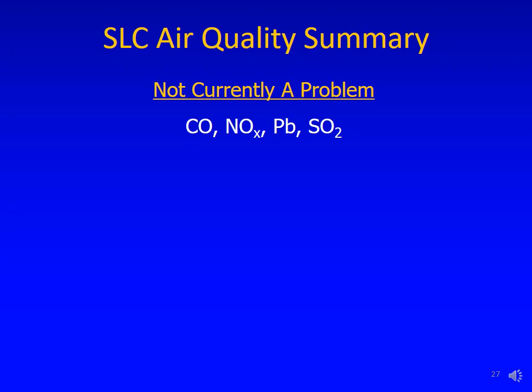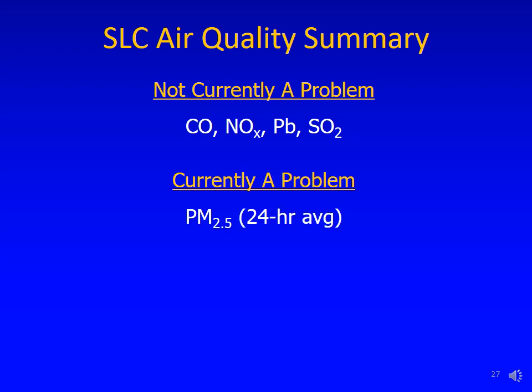So let's do a summary of air quality in Salt Lake City. Of the criteria air pollutants, carbon monoxide, nitrogen oxides, lead, and sulfur dioxide are not currently a problem. They're well below the National Ambient Air Quality Standards. Currently in non-attainment for PM 2.5. That's the 24-hour average PM 2.5 concentrations.